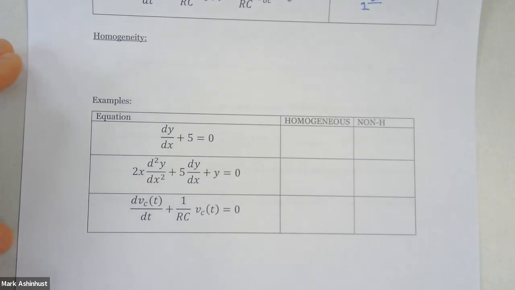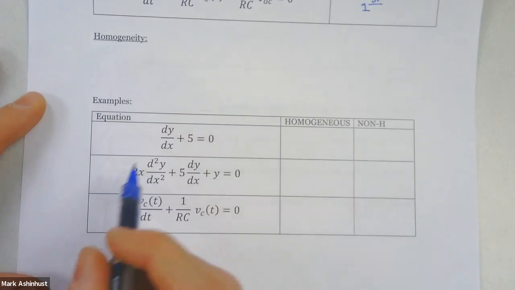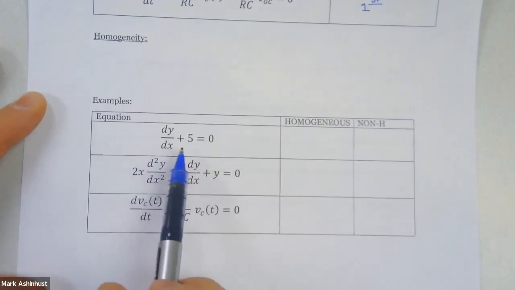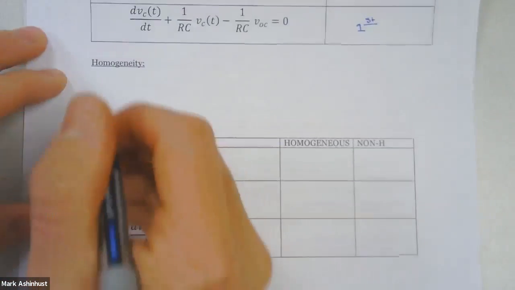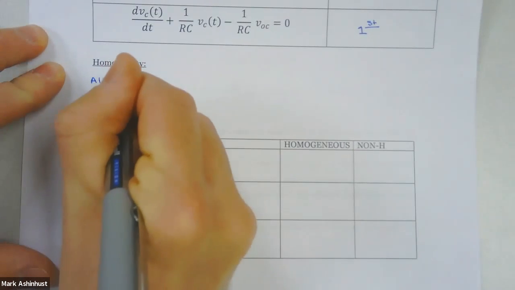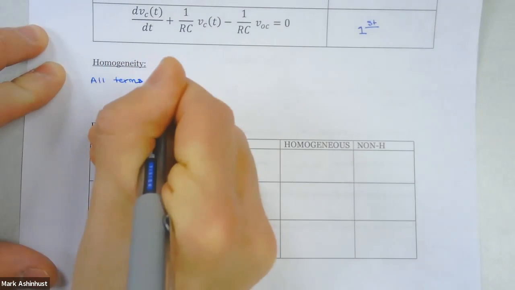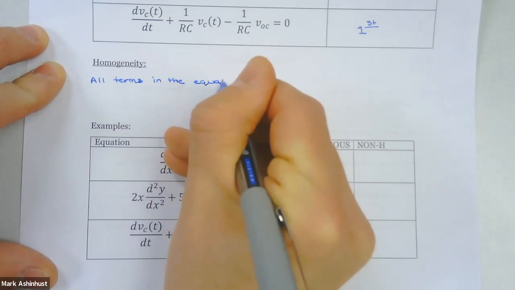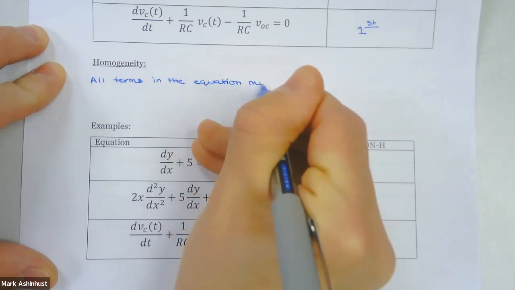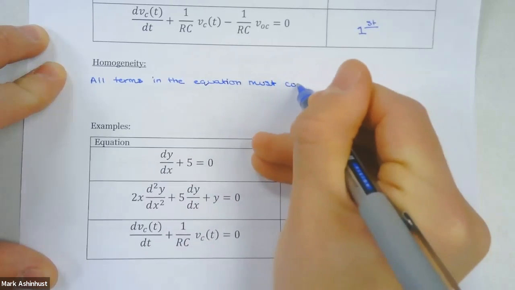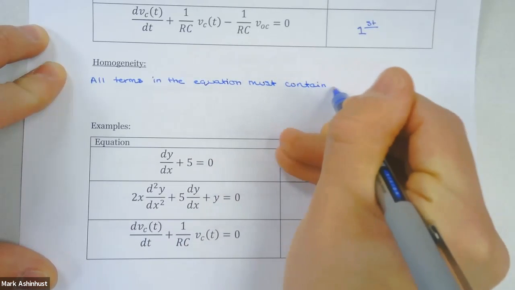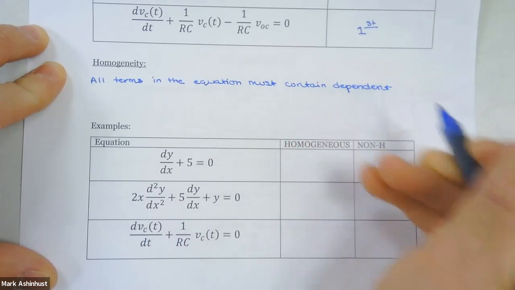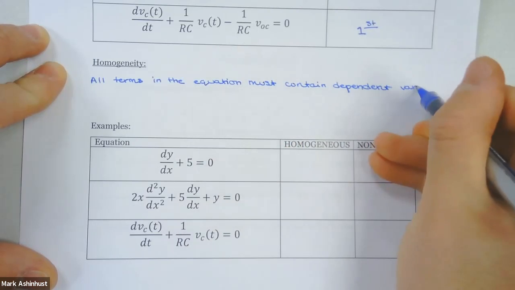So to be homogeneous, all terms in the equation must contain the dependent variable.